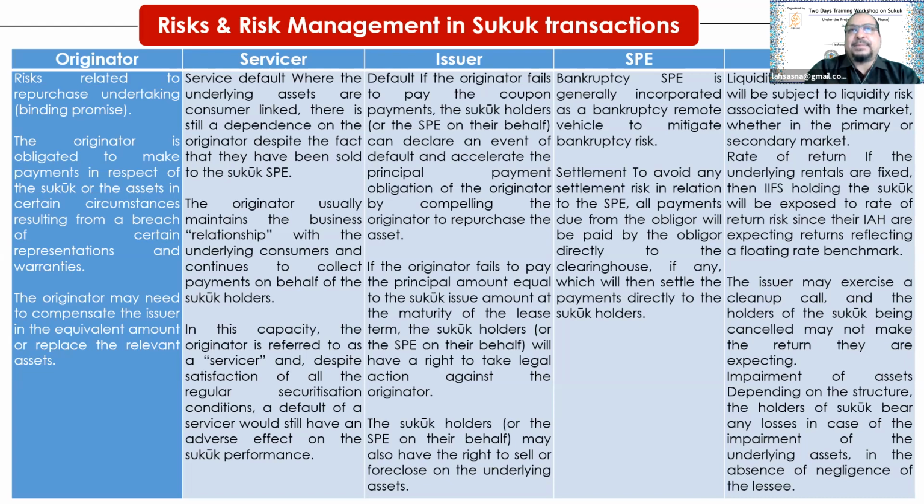It depends on what service they have. If it is ijara, maybe they collect rental payments. So that is the service, meaning the risk of failure to collect on behalf of the sukuk holders, because sukuk holders are basically institutional investors. They just need to get their money semi-annually, but they don't go and collect. The servicer does the collection on their behalf, and he will get paid for that.